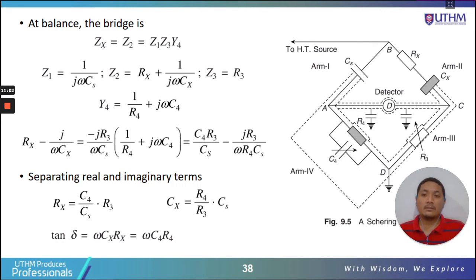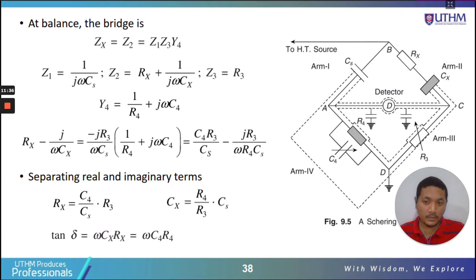Rx minus j over omega Cx equals j omega R3 and so on. You can just fill in these values here. Replace the values Z1, Z3, Y4 here, and then we separate the real and imaginary terms. You can get that Rx is the real component, equal to C4 over Cs times R3.